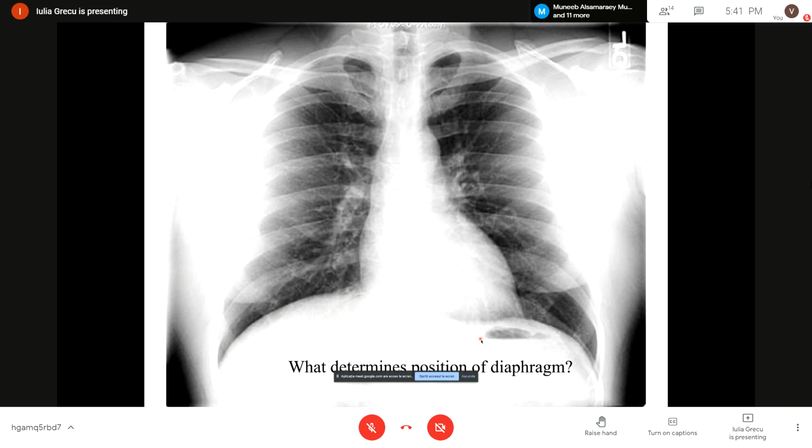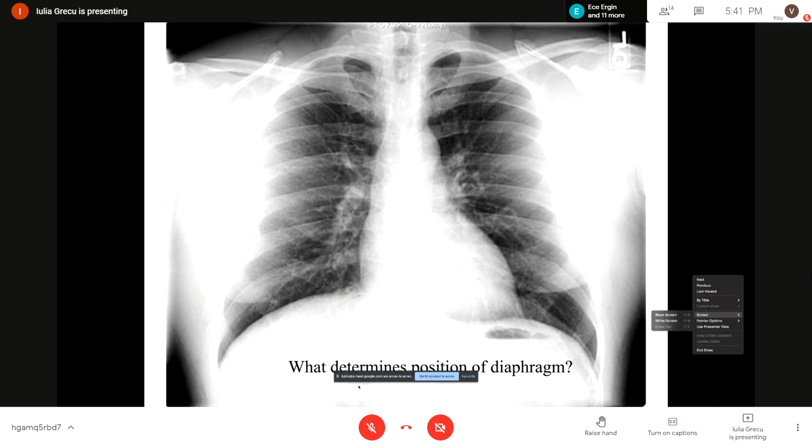So it is easy to identify the left diaphragm by identifying this little area of gas, which is found in the gastric fornix, with the fluid level here.